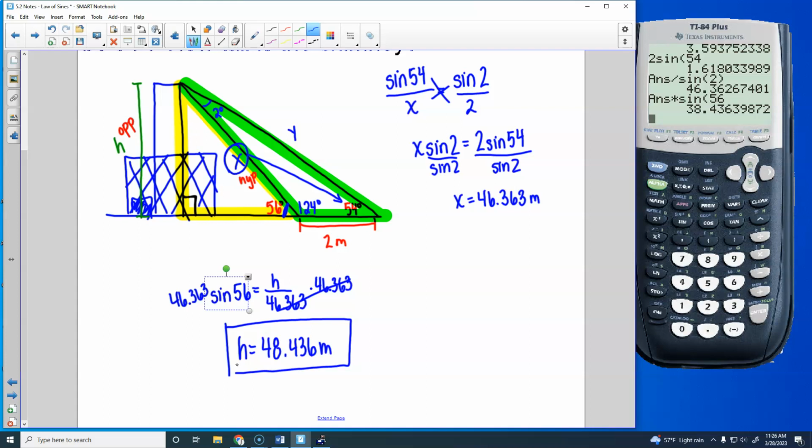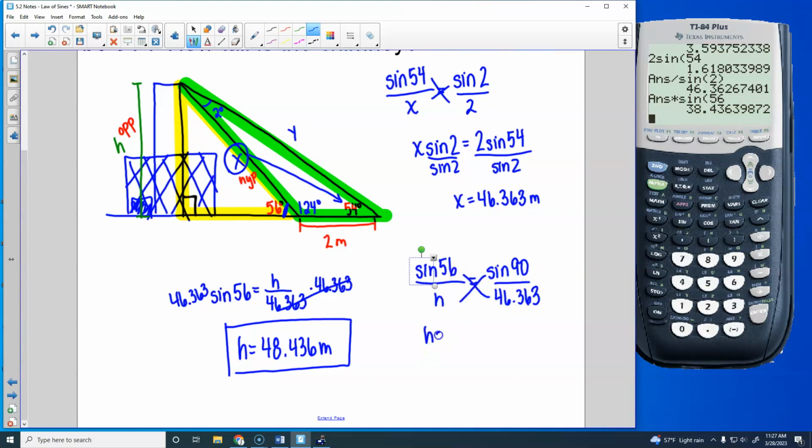Now, let me show you. You could use law of sines on this. So if you want to, you can do sine of 56 over h equals, the other angle you know here is sine of 90 over that x, which is 46.363. You will get the same answer if you do this.